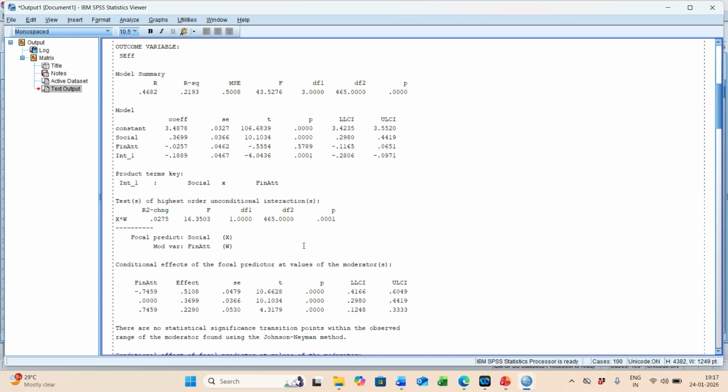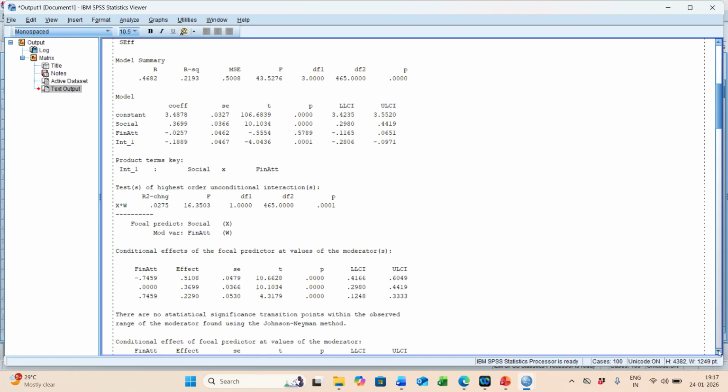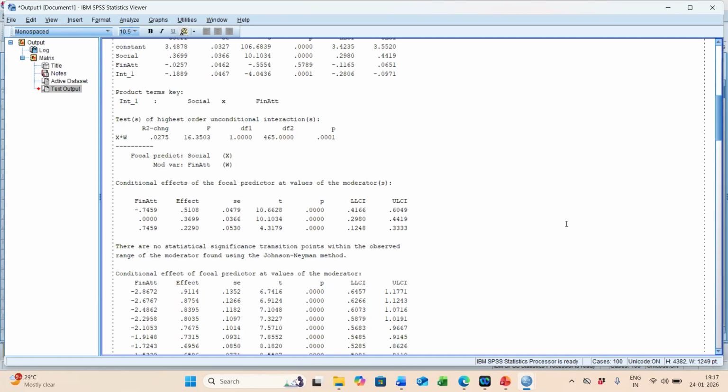Now we can see the conditional effects of the focal predictor by taking x bar minus 1 standard deviation, x bar, and x bar plus 1 standard deviation. Minus 0.7459, that means x bar minus 1 standard deviation is minus 0.7459.